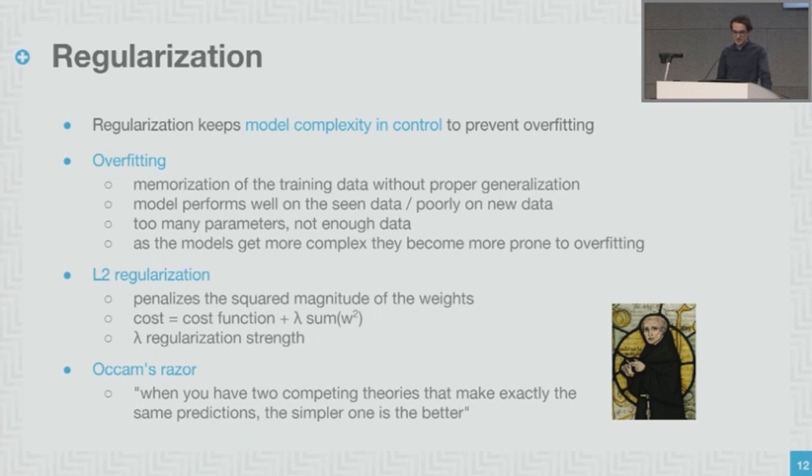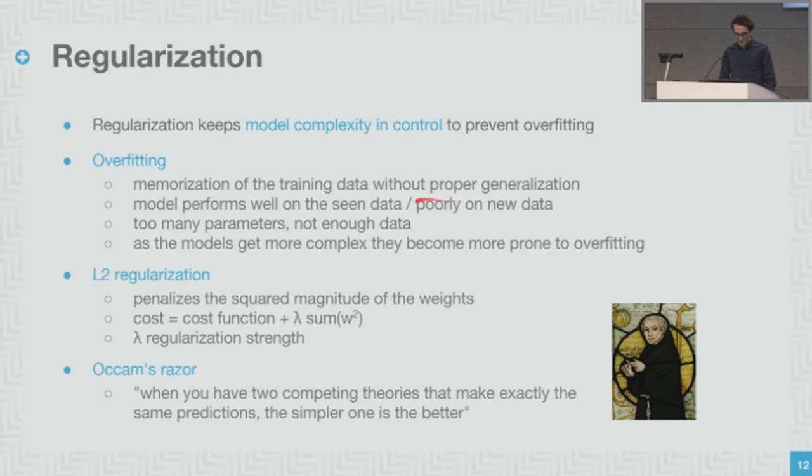So if a model is overfit, usually it performs very well on the seen data, but it performs poorly on new data. And this is usually caused by having too many parameters for the data we have. And as the models get more and more complex, they become more prone to overfitting. So one way to tackle this problem is to use L2 regularization, which penalizes the squared magnitude of the weights.